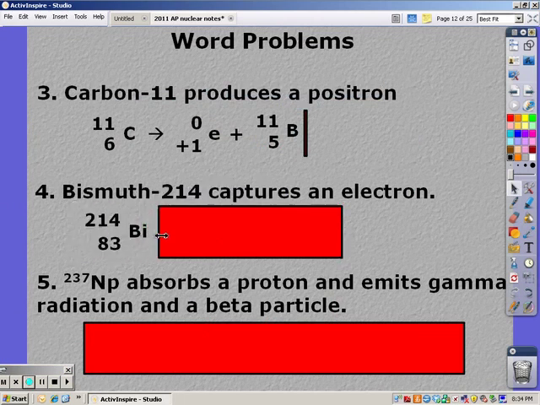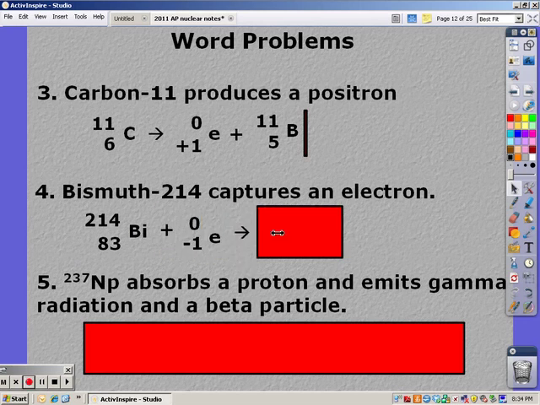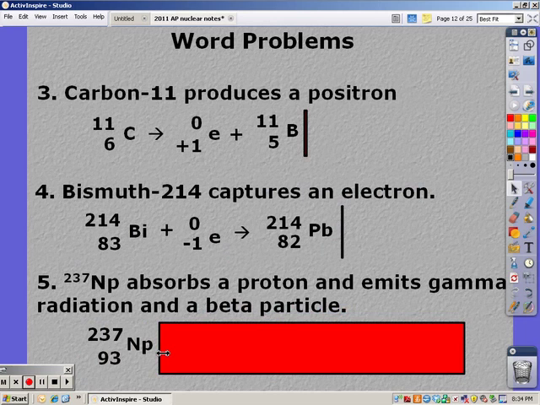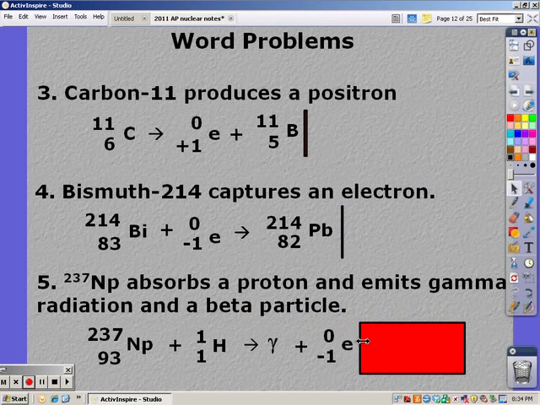Bismuth 214 captures an electron, so the electron has to be on the same side as bismuth, to produce lead 214. Neptunium 237 absorbs a proton and emits gamma radiation and a beta particle to also produce 238 Am.